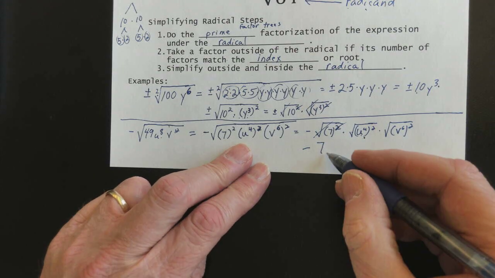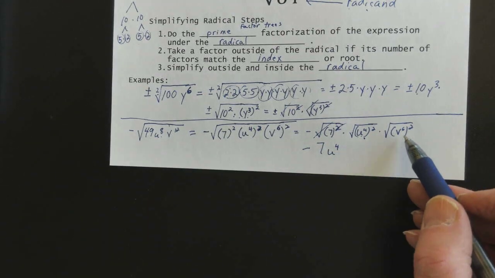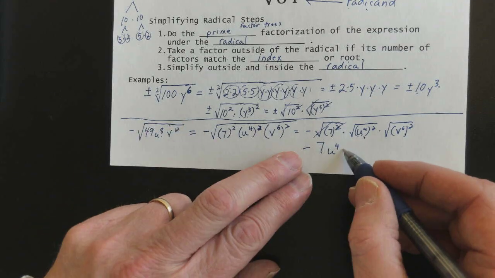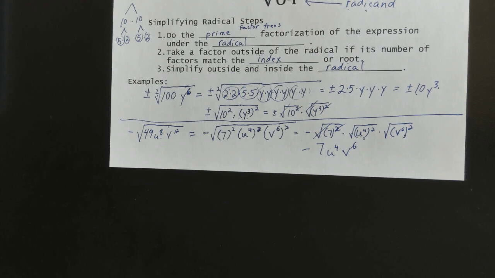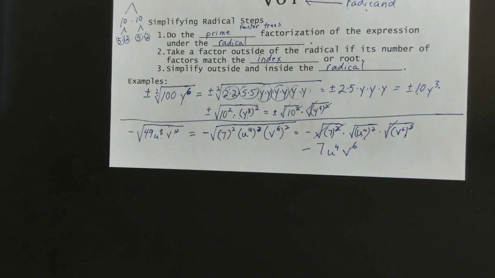U to the 4th. What's this one going to be? V's the base, v to the 6th. All right? The square and square root cancel out. Any questions on that?